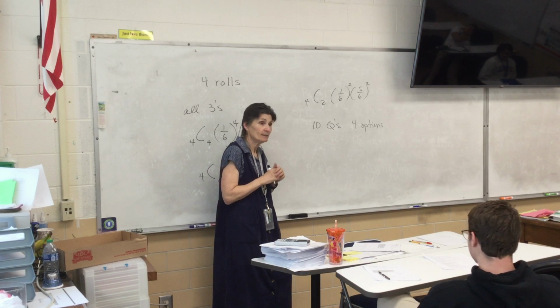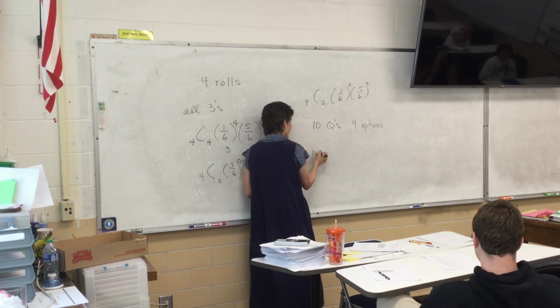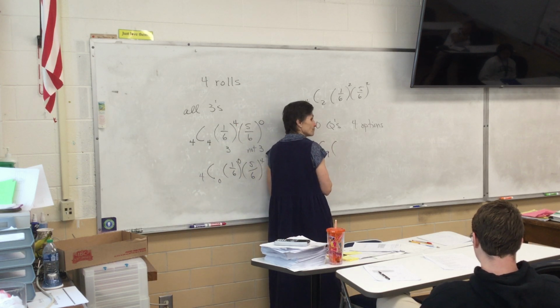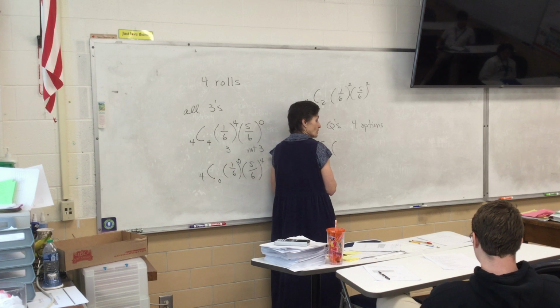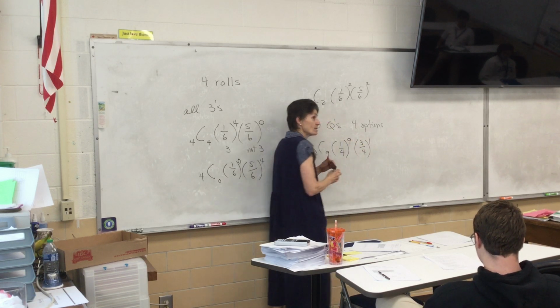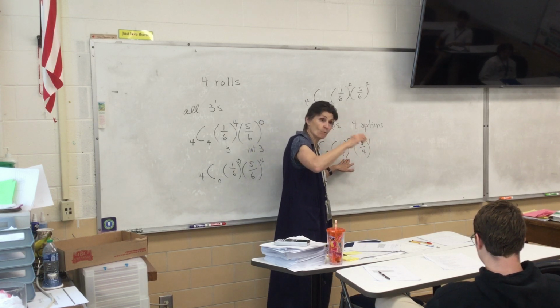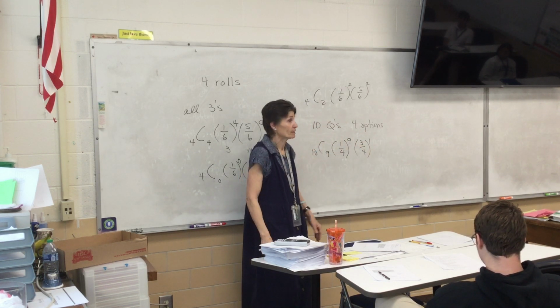Well, not very good, but how would we calculate that? 10C9. What's the probability? If there's A, B, C, D, 1/4, 9 of those, and 3/4, I want 1 of those, because the probability of getting it right is 1/4, and the probability of getting it wrong is 3/4.